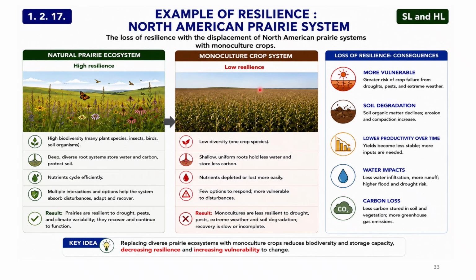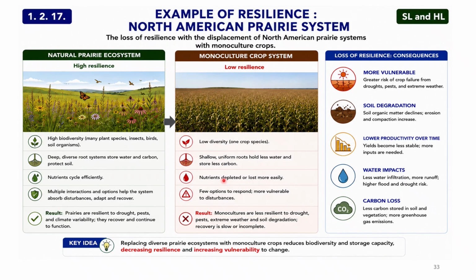A single crop species provides little biological diversity, shallow root systems store less water and carbon, and nutrients are lost more easily. As a result, the system becomes more vulnerable to drought, pests, diseases, and extreme weather. For example, a pest outbreak in a maize monoculture can spread rapidly because every plant is equally susceptible.